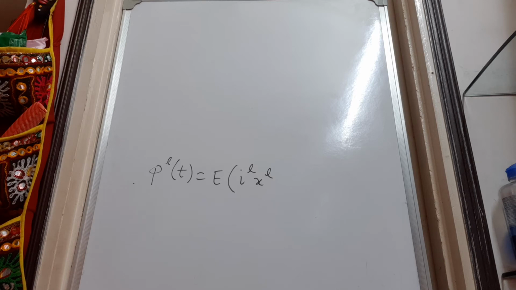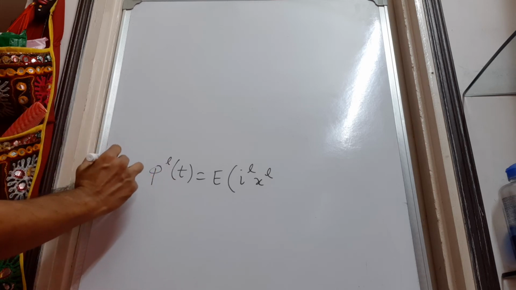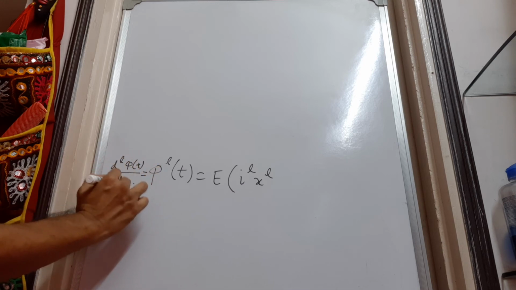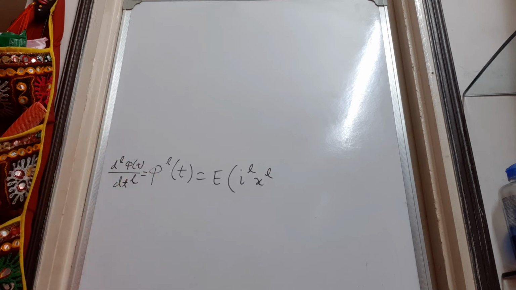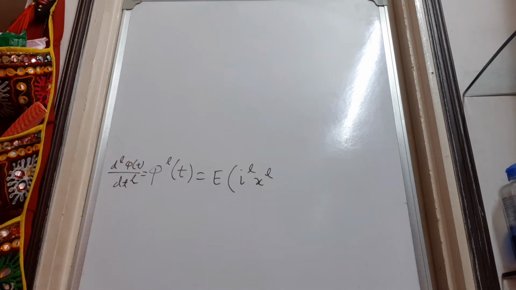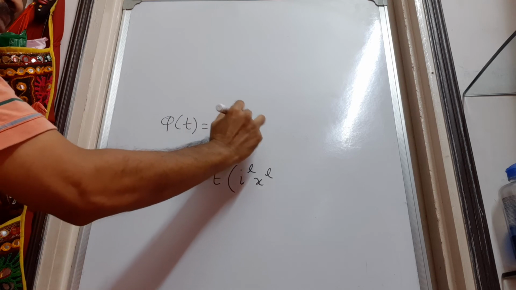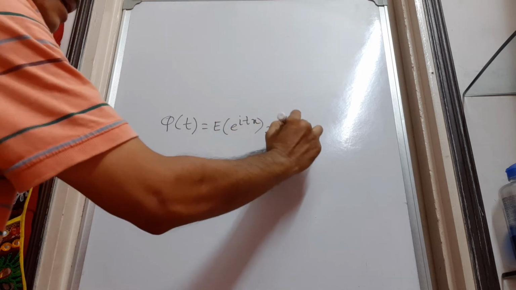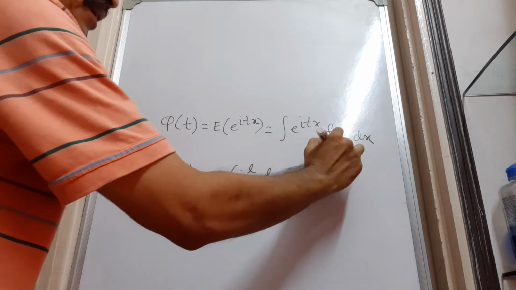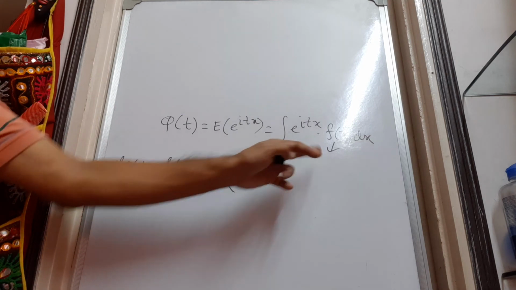Since we know that phi L t stands for the derivative of Lth order of the function phi with respect to t, and since phi t is defined to be the characteristic function, phi t is the expectation of e to the power i t x, which is nothing but the integral of e to the power i t x f x dx, where f x is the density function of the normal distribution.